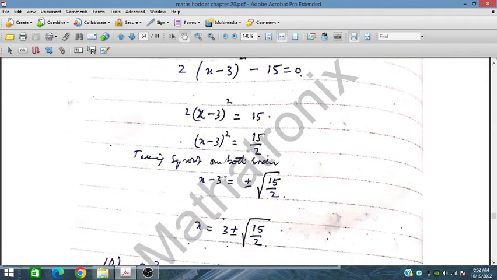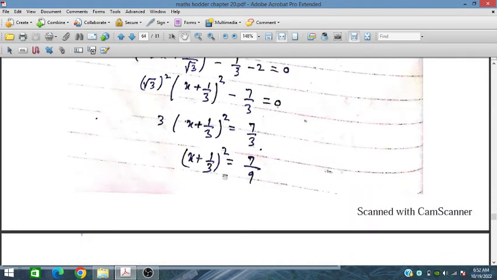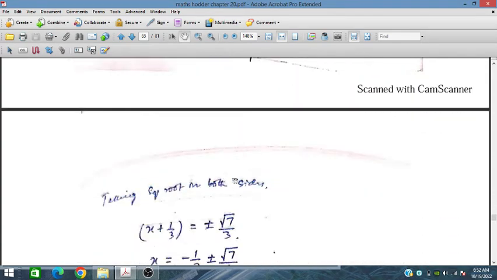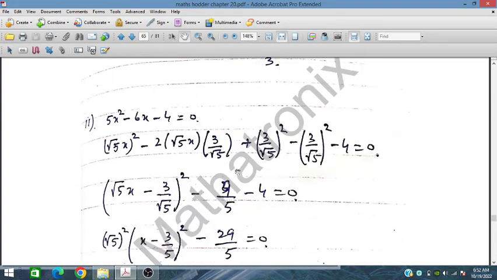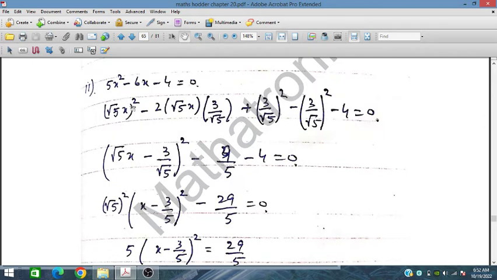Similarly for this one, there is another method to solve this, completing the square, and you will see it later. So this is under root 5 square, and 5 under root 5 divided by this. So this is minus 6, and this is a plus b whole square. We take out under root 5 common, so this is x minus 3 upon 5.